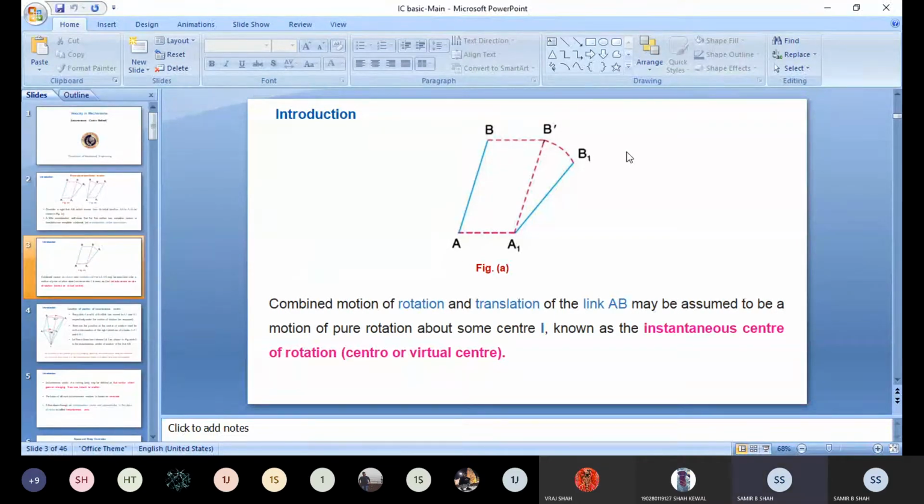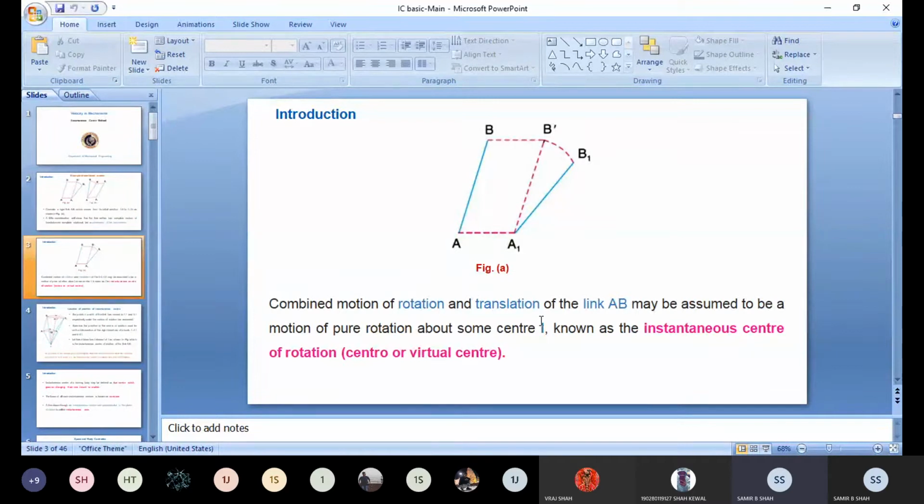You can just see the slide, as discussed earlier. Now, the combined motion of rotation and translation of the link AB may be assumed to be a motion of pure rotation about center I. It means that the motion of link AB is so gradual that it is difficult to see the two separate motions.